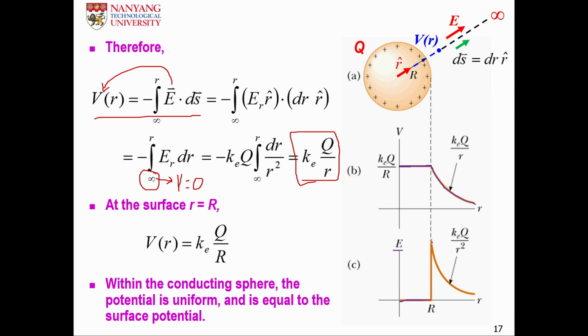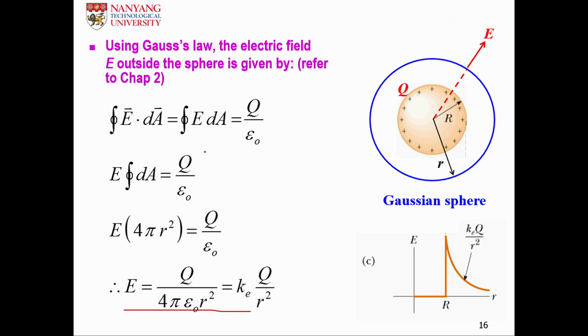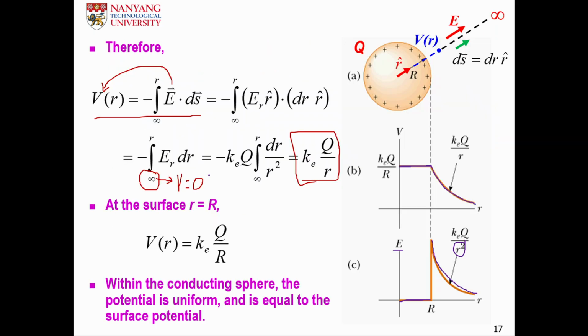Then outside the conductor, it decays as a function of 1 over r squared. So this is an example. Because we already went through the detailed analysis of how to use Gauss's law to determine E, here it becomes quite straightforward for the additional step from E to V.